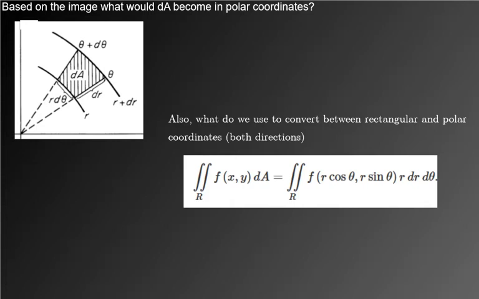A lot of the time, if the region you're trying to integrate over is circular or curvy, like a circle or an ellipse, it's an indication that maybe you should use polar coordinates.